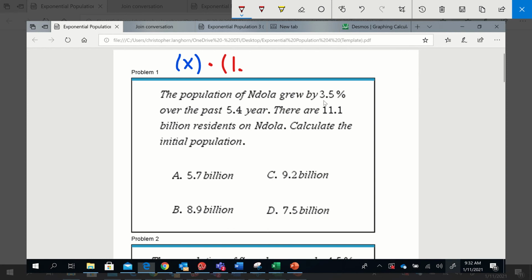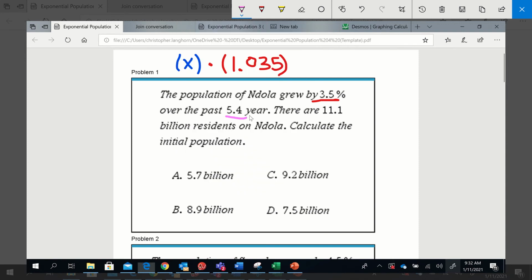So we got 1, and then we convert this into a decimal, which is 0.35, and it's taken to a power.